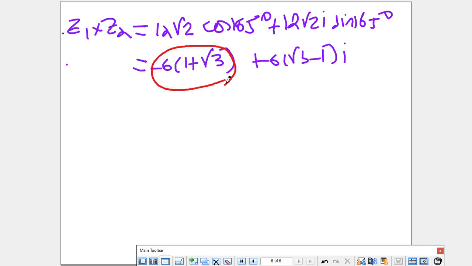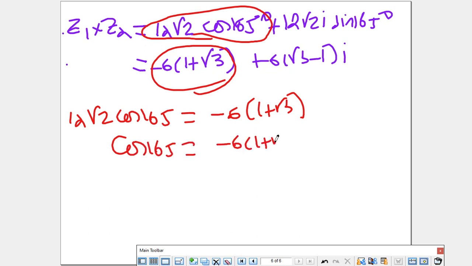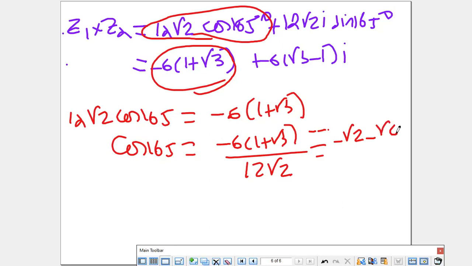So real equal real. It means I can write 12 radical 2 cosine 165 is equal to minus 6 times (1 plus radical 3). Then I will have cosine 165 equal to minus 6 (1 plus radical 3) over 12 radical 2. Then you can continue your calculation by rationalizing and simplifying, and I will have the final answer for cosine 165: minus radical 2 minus radical 6, over 4.